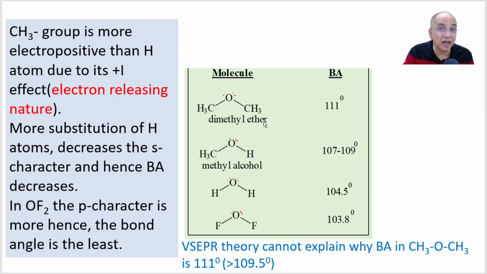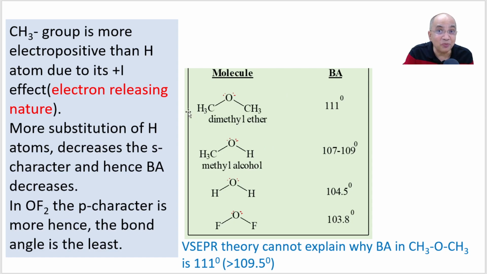Because it has an electron releasing nature, that is called plus I effect. Inductive effect is positive. It pushes electrons away from itself. Because of this electron donating nature, this alkyl group has greater electropositivity than hydrogen. So this thing you must learn now, the methyl is more electropositive than hydrogen.